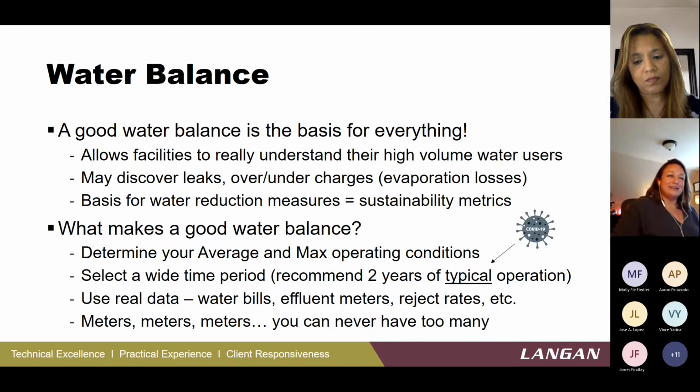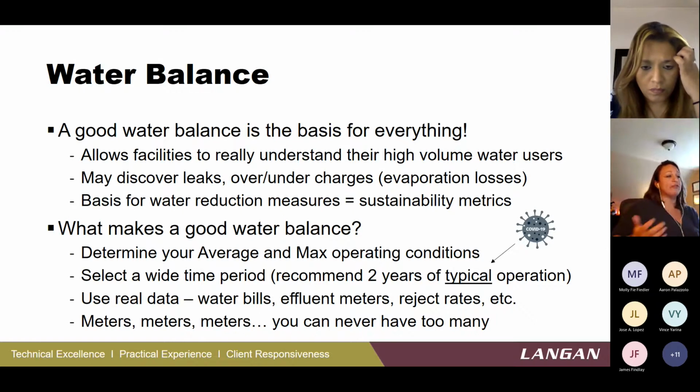It's going to be an interesting time because with COVID, places shut down, production changed. In some cases, production went way up. That's way outside of normal. For some places, it went way down. So understanding how your business impacts the water balance is also really important.